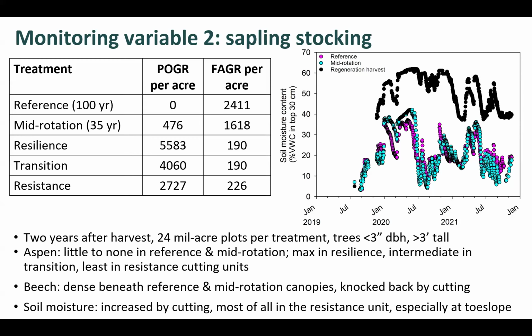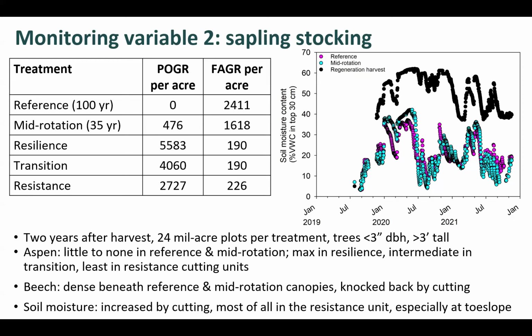Where this weather station is located in each of these cases is at the toe of a northeast facing slope. So the coolest, moistest place, and in theory, the most ideal place to try and hold on to a climate change vulnerable forest type. And what we see is a persistent 2-year response of soil moisture in these more topoclimatically favorable settings.